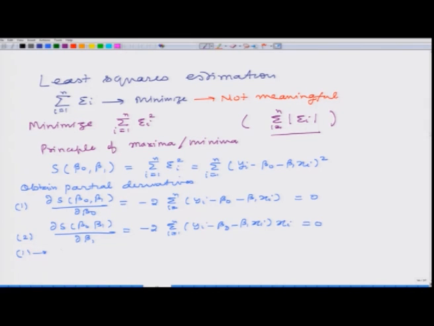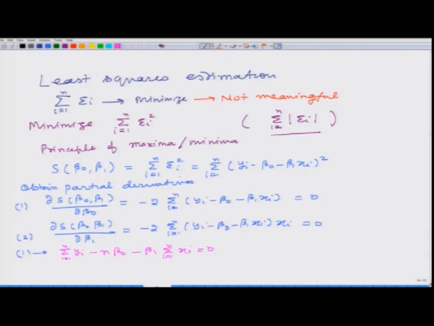Okay. If I try to solve equation number 1, this can be obtained as follows. Once I open the bracket, this gives me summation i goes from 1 to n of y i minus n times beta 0 minus beta 1 times summation i goes from 1 to n of x i, put equal to 0.